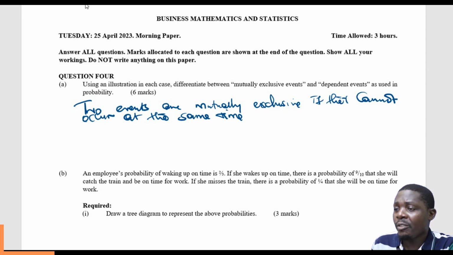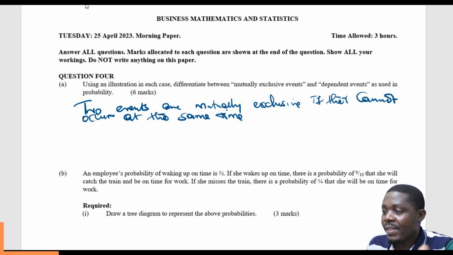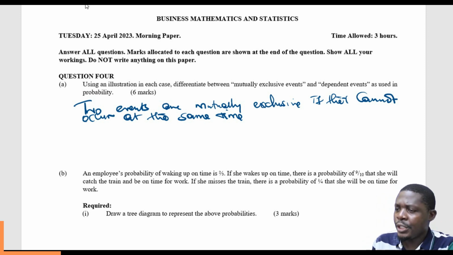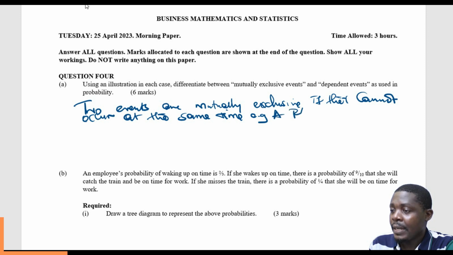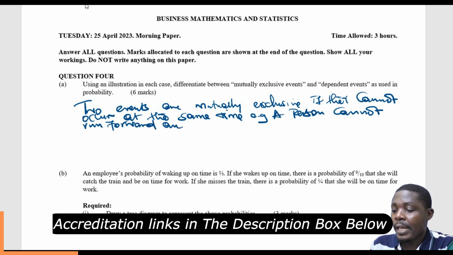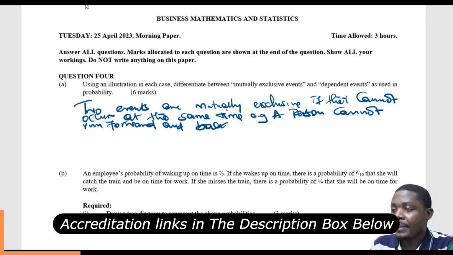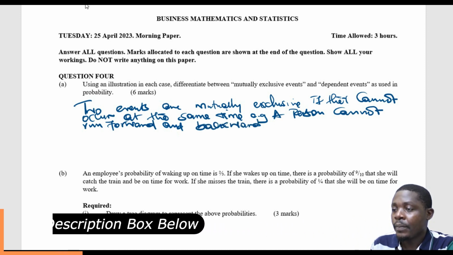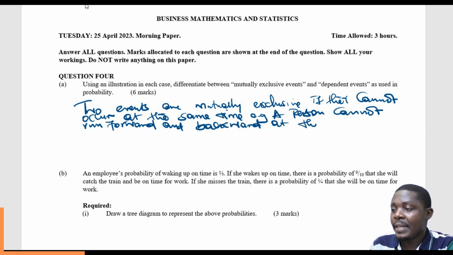As they are mutually exclusive, when one happens, it prevents the happening of the other event. E.g., a person cannot run forward and backward at the same time.